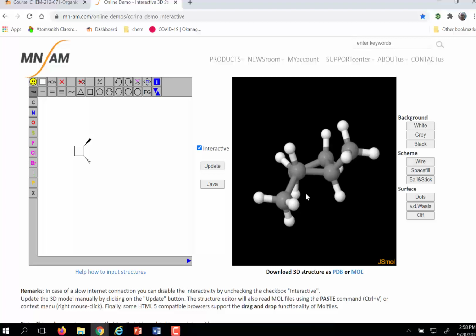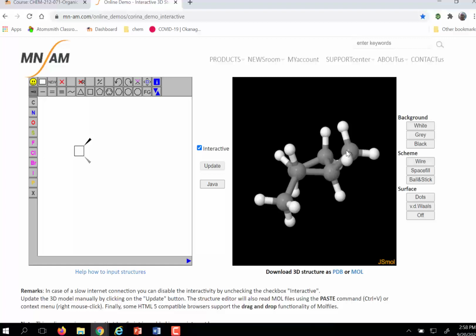But the other thing that I'd like you to notice is if we look at the carbons that have the bonds to the methyl group and to the hydrogens, in both of these structures, A and B, it's the same atoms that are attached. That is, to any one carbon, there's a hydrogen and there's a methyl group.